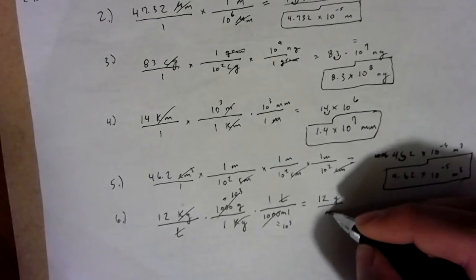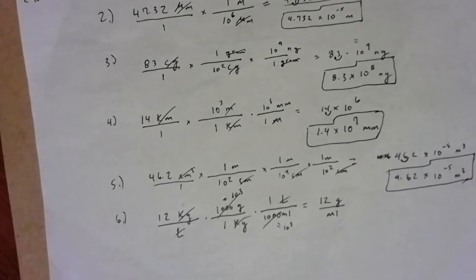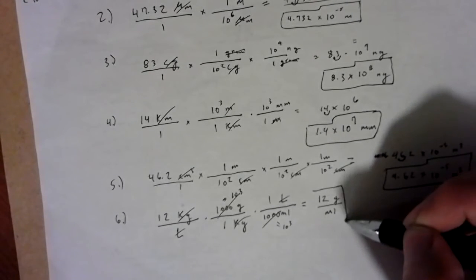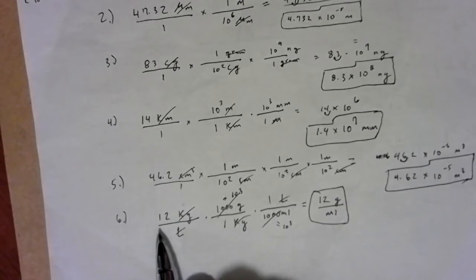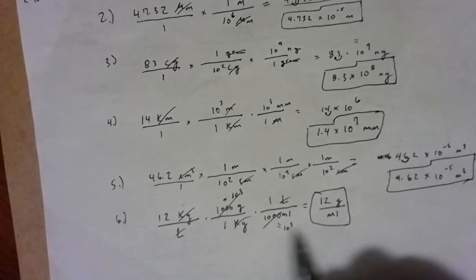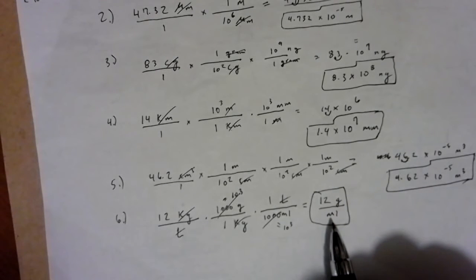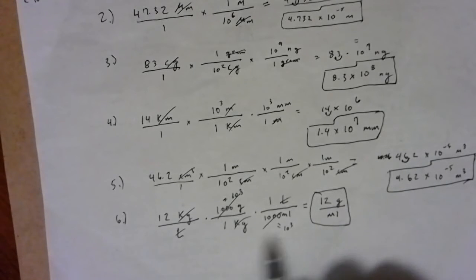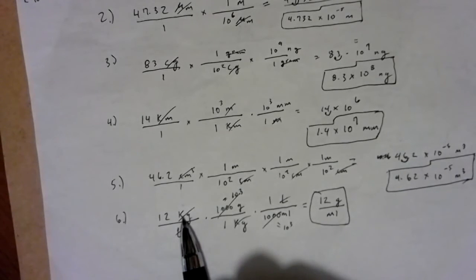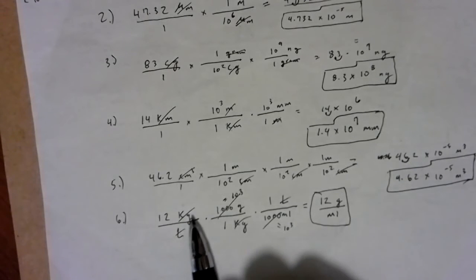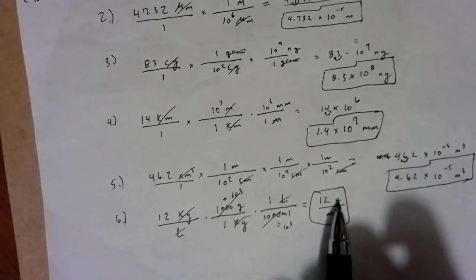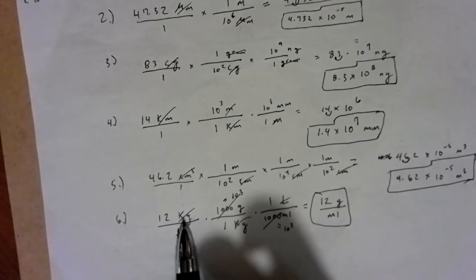Now this might be a little bit puzzling at first, because you're wondering, hey, what happened here? We started out with 12 kilograms per liter, and then we ended up with 12 grams per milliliter. Well, that's perfectly fine. The reason why this happened is because the kilograms to grams, we in a sense scaled it down by 1,000, right? Because there were 1,000 grams in a kilogram.